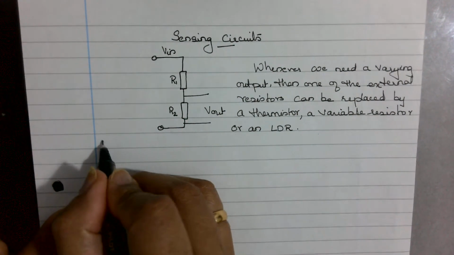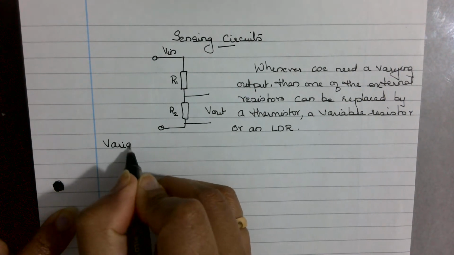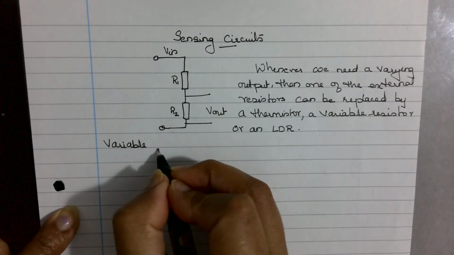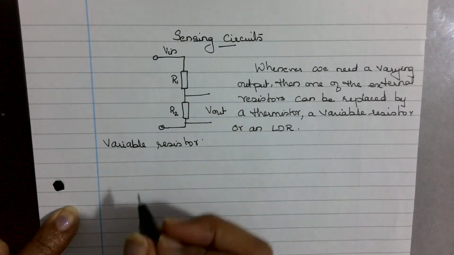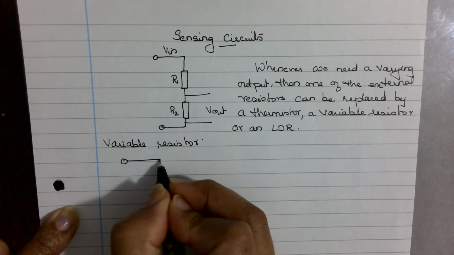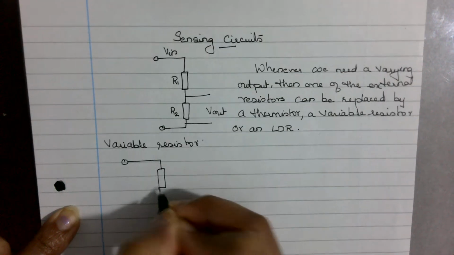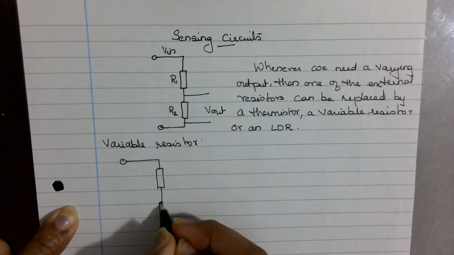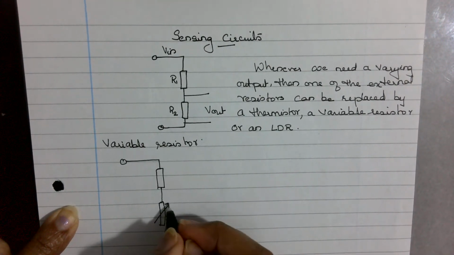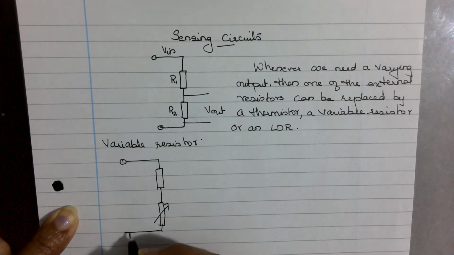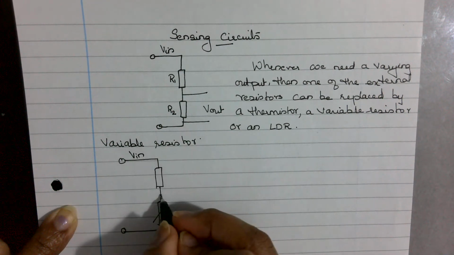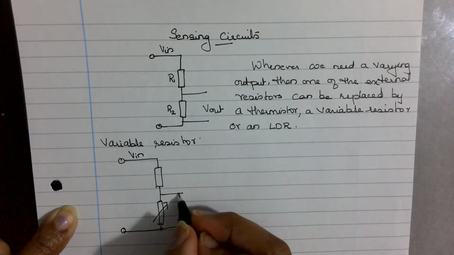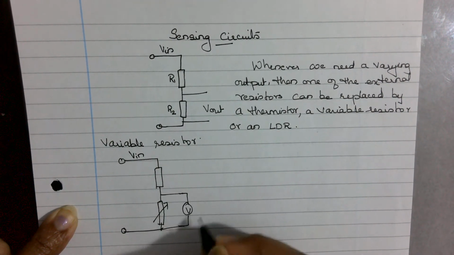So let's say I'm going to go for a variable resistor first. In the case of a variable resistor, again I have a fixed resistor here, and then I'm replacing the bottom resistor by a variable resistor. So I have the V in and I have the V out here.